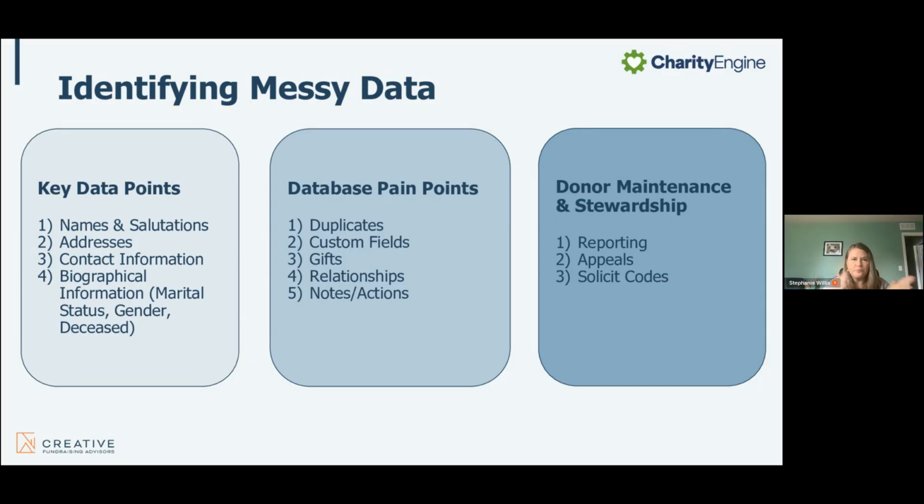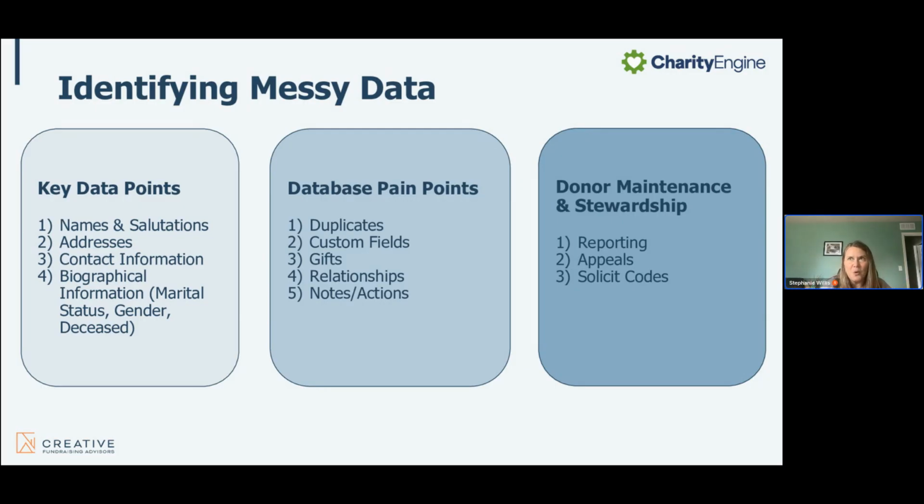Then sometimes the question is we have messy data, but it's because of database pain points. We have hundreds of duplicates. Custom fields, we have thousands. I think the most custom fields I've seen in an organization was 3,000. And I said, how on earth do you know which custom field to pick if there's so many?